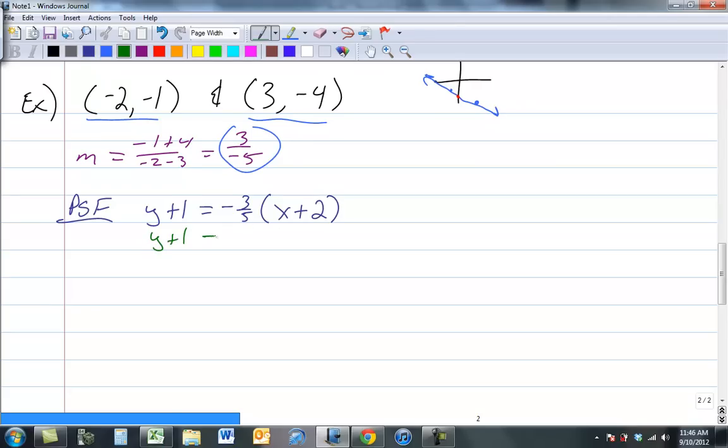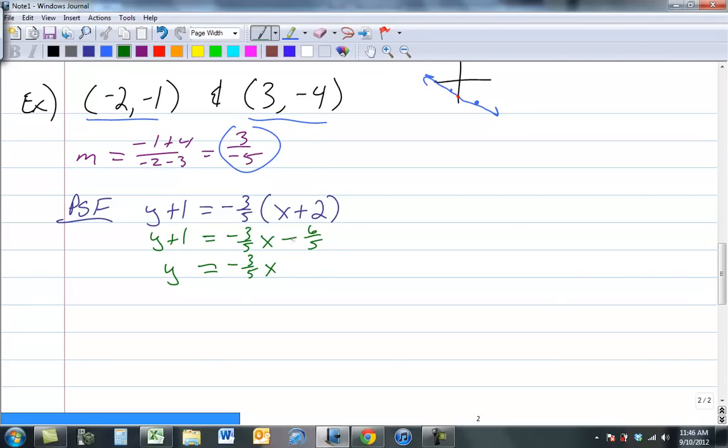Y plus 1 equals -3/5 x minus, oh snap, what is 3/5 times 2? We'll bust out that fancy calculator of yours. You should get -6/5. Then, subtract 1 from both sides. You get y equals -3/5 x.